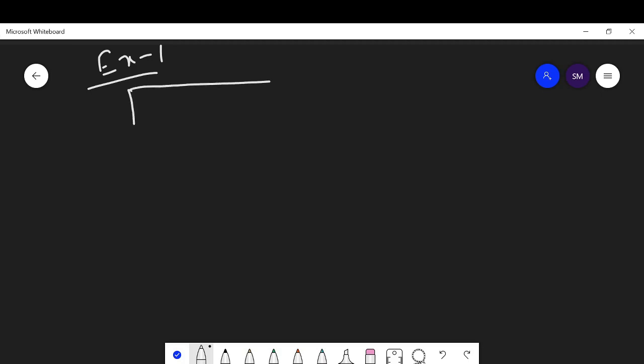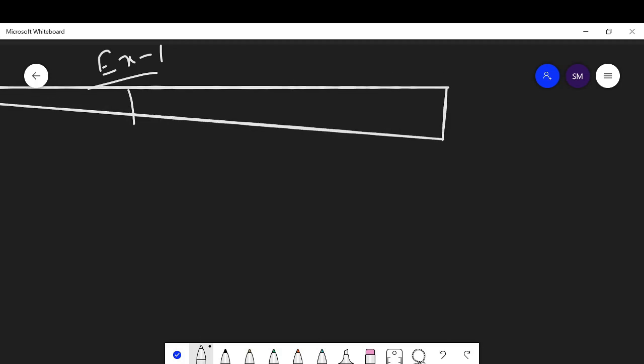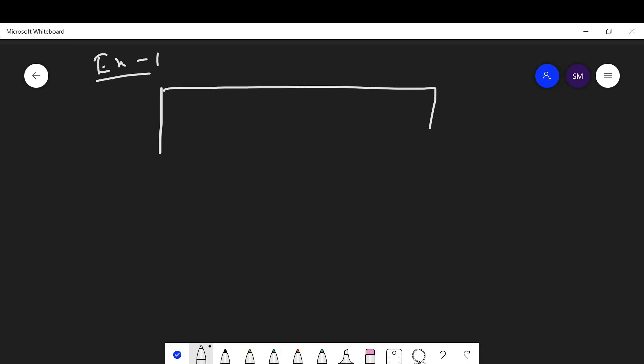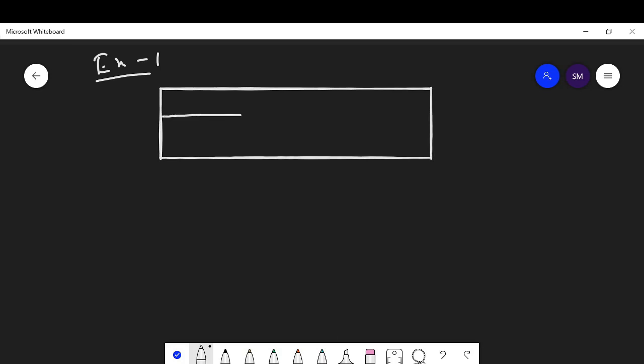Here, look at this. This is the table, example 1. This table shows the academic year and the number of students.